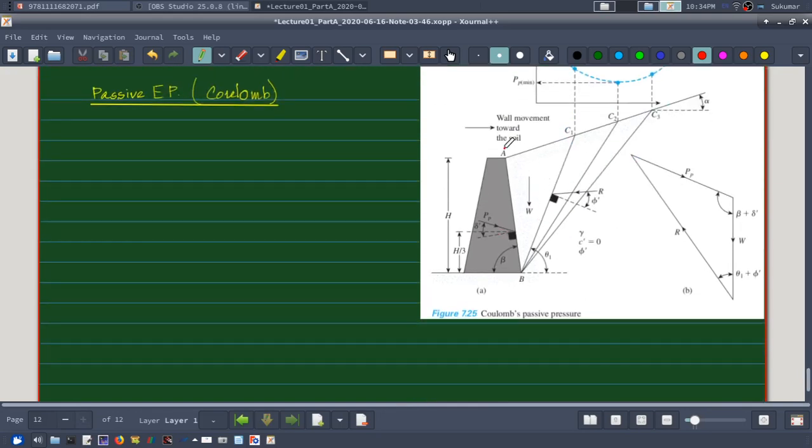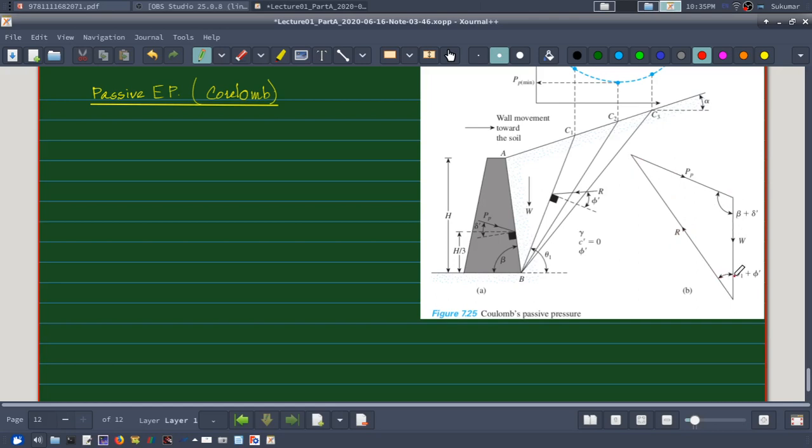We again assume a similar wedge, but now what is happening? Since the direction of wall movement is different, the wedge is being pushed upward, therefore the shear resistance is downward, and that's why my resultant force will be at an angle phi above the normal to the failure plane in this case, and similarly the passive earth pressure will be at an angle delta above the normal to the inclined wall face, and therefore the angles of this R and PP will be different.